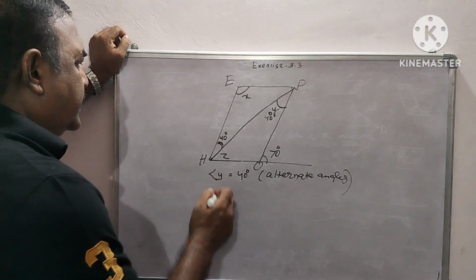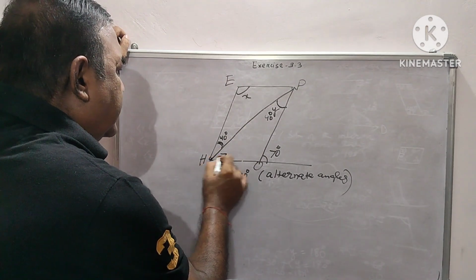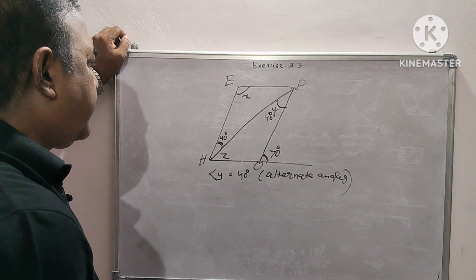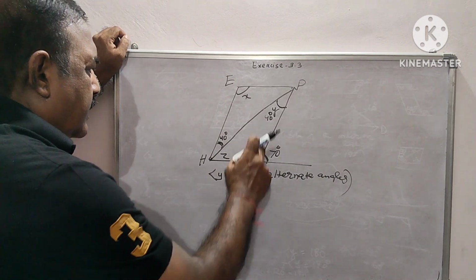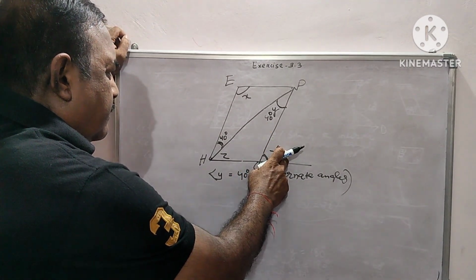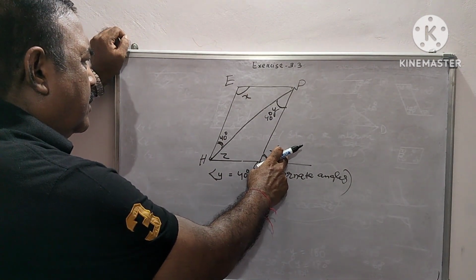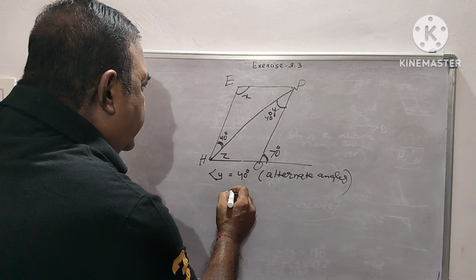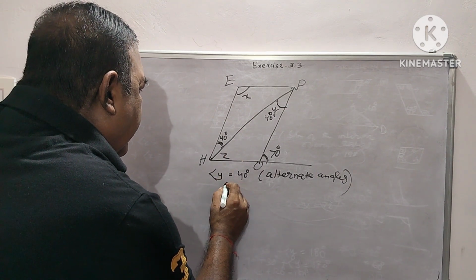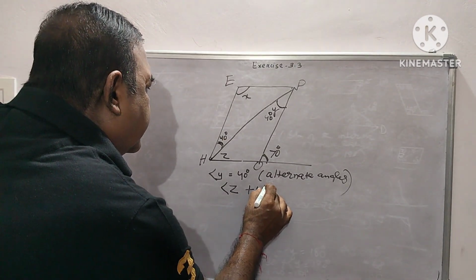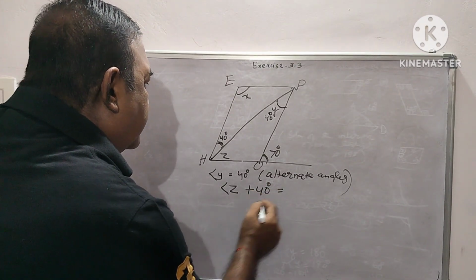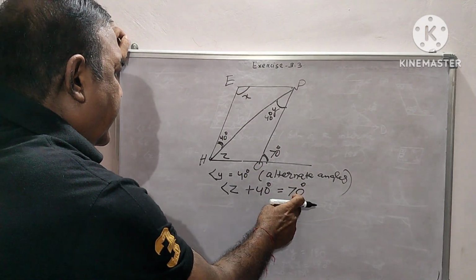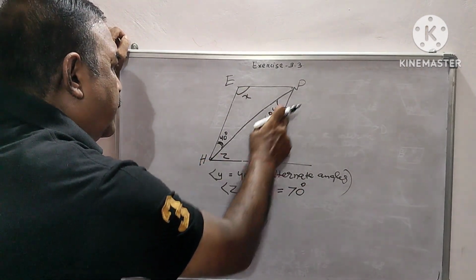And you see, in the triangle HOP, this is the external angle. So what is the external angle property of a triangle? The measure of an external angle of a triangle is equal to the sum of the interior opposite angles. So you see, angle z plus 40 degree is equal to 70 degree. 70 degree is the external angle of the triangle HOP.